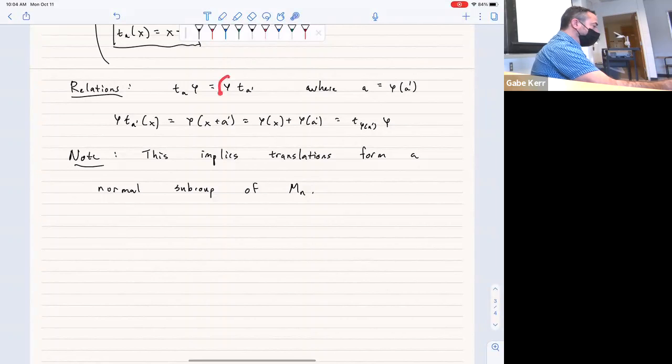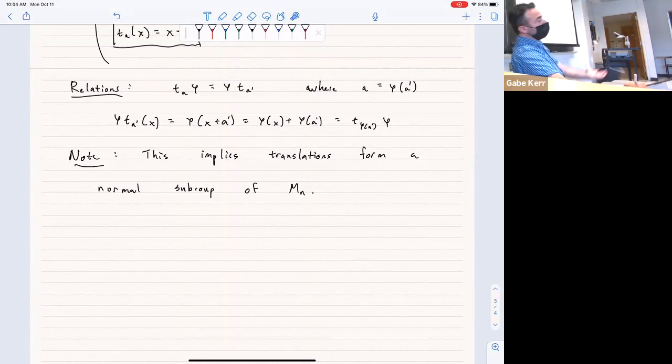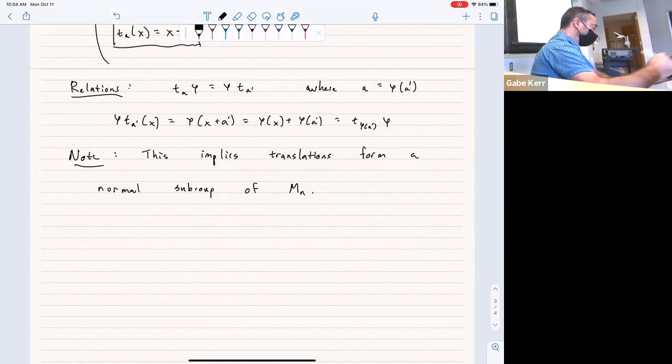If I take this equation, I multiply both sides by phi inverse, I get this. Means you can actually quotient by it. If you do quotient by that group, you get something isomorphic to the orthogonal group.